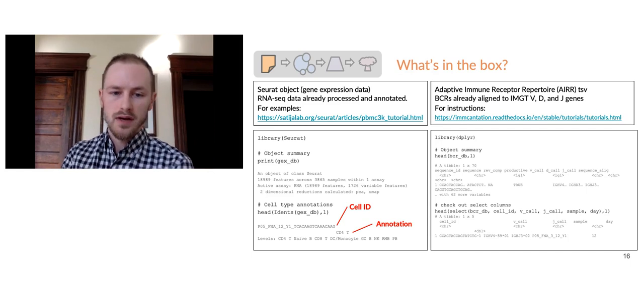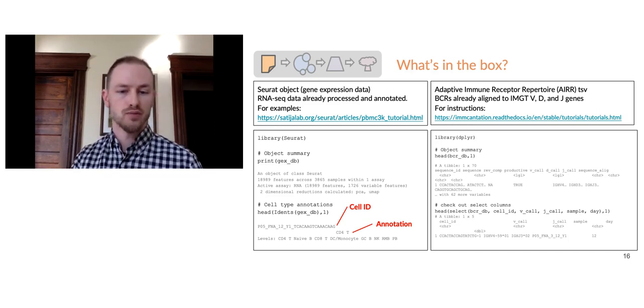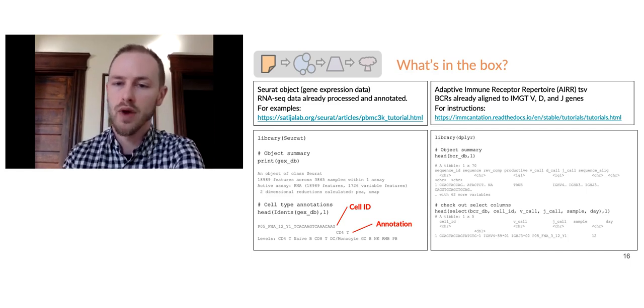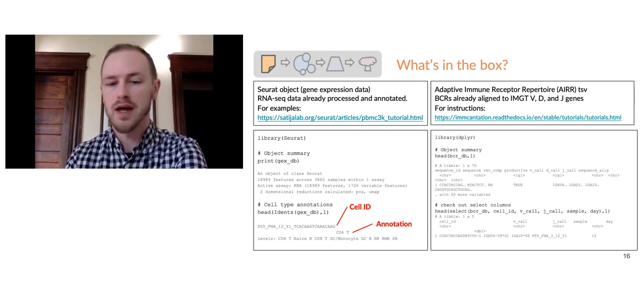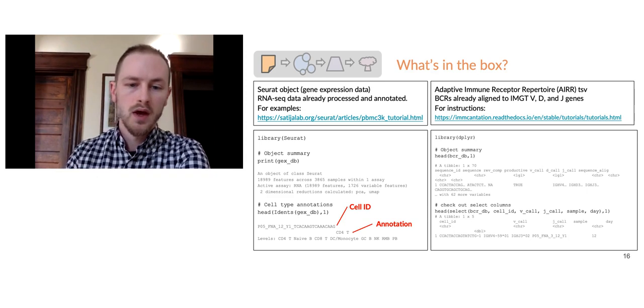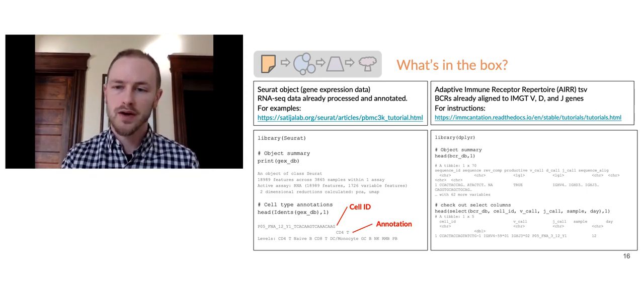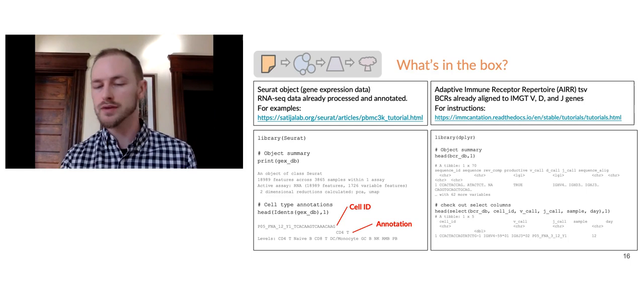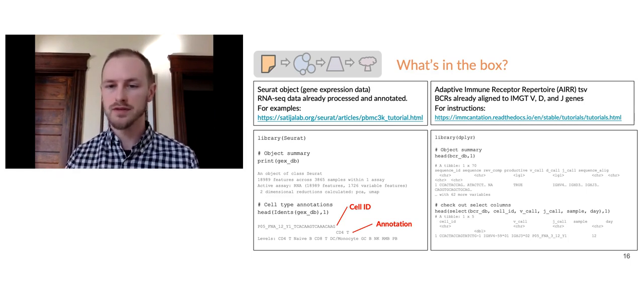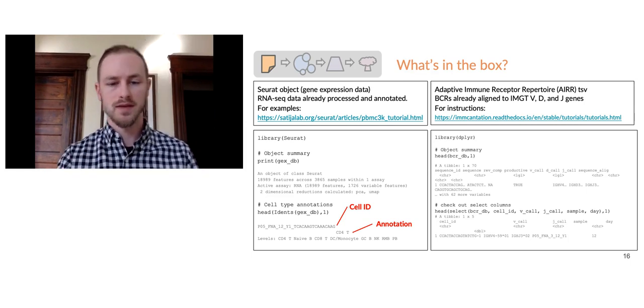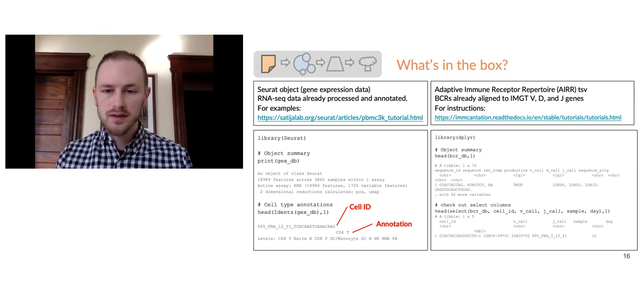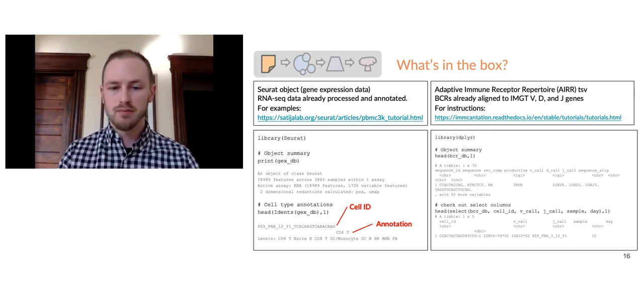These sequences have already been aligned and processed to the IMGT reference database, which is a database of human V, D, and J sequences. For info on how to do that, you can check out our various Immcantation tutorials. We have a few different ways of doing that. They're detailed there.